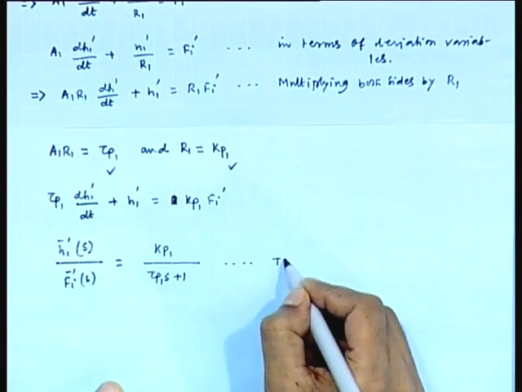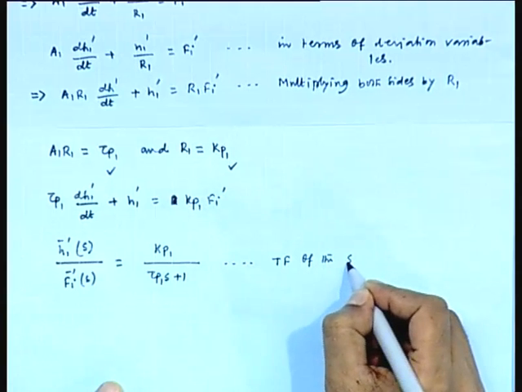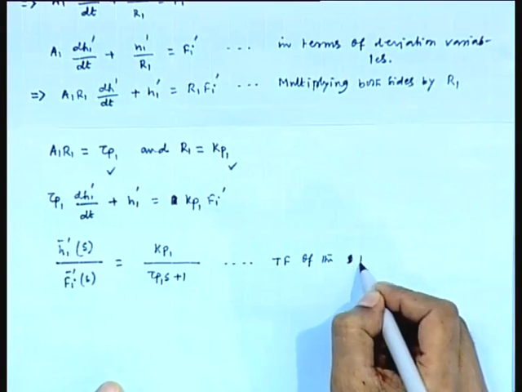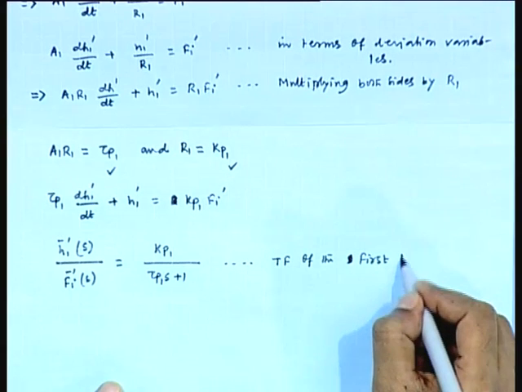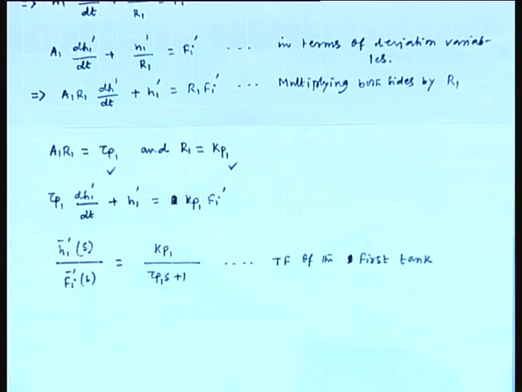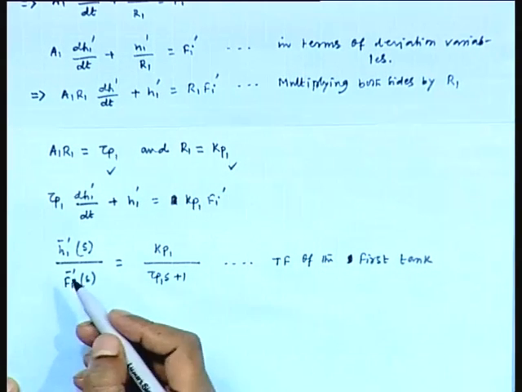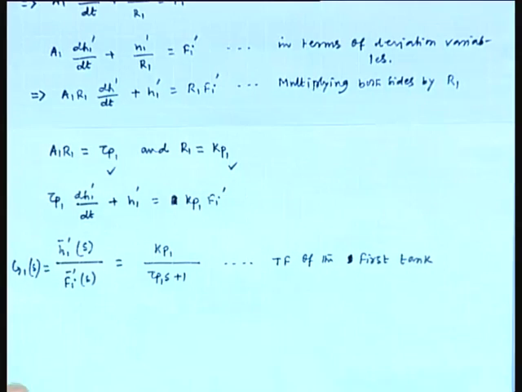This is the transfer function of the first tank, that is tank 1. Now, we will represent this as G1(s).